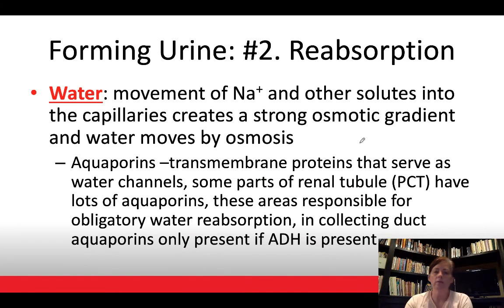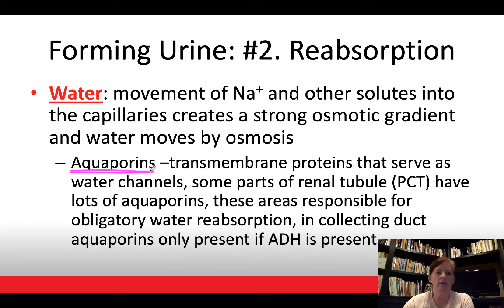And then our third one is water, and water is super important. We reabsorb a lot of water because our body wants to hold on to as much water as possible. So water is going to move through specific transport proteins called aquaporins, and those are specific for water.